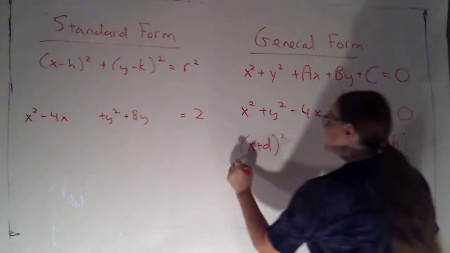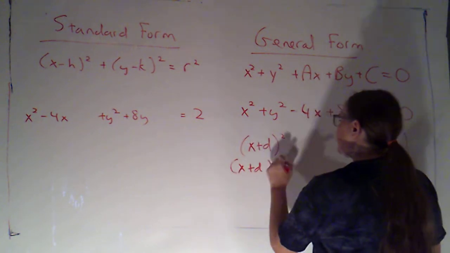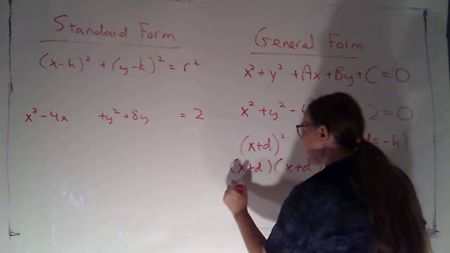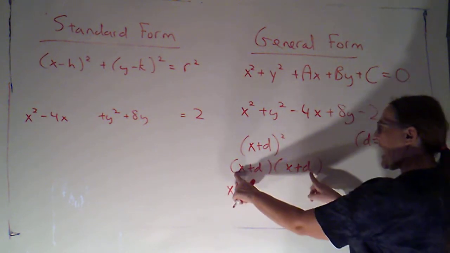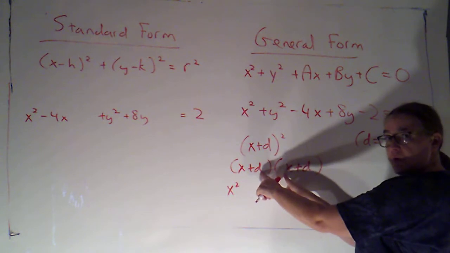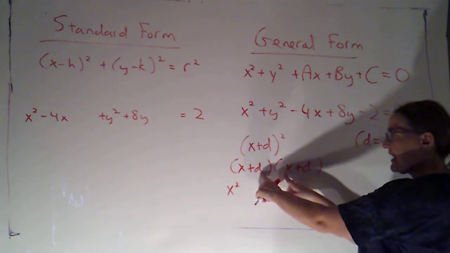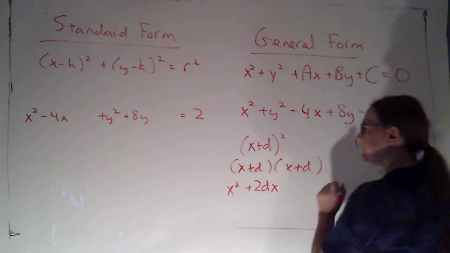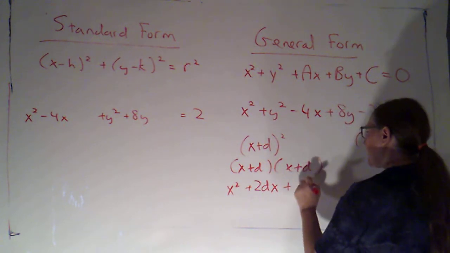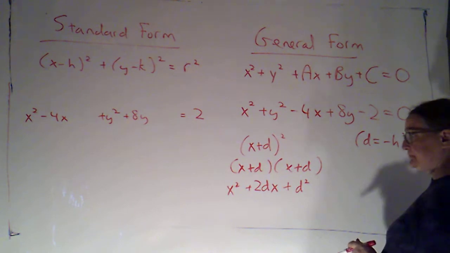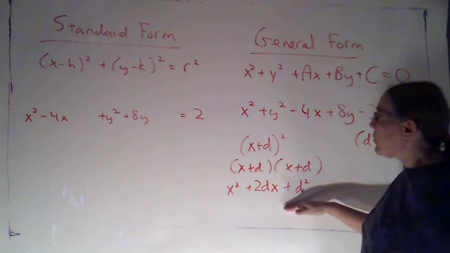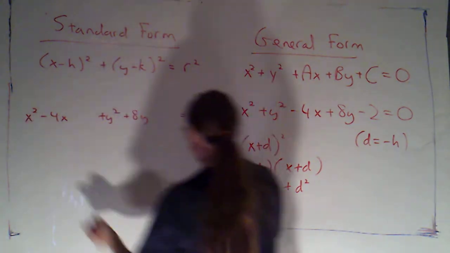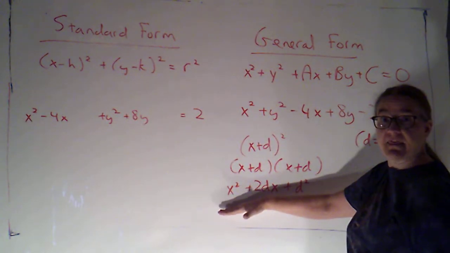This would be (x + d)(x + d), and when I FOIL that out, that's x². Outsides and insides both give me d times x, so I'm getting 2 copies of dx, plus d². So what I'm hoping is that these are the first 2 terms of something that looks like that.